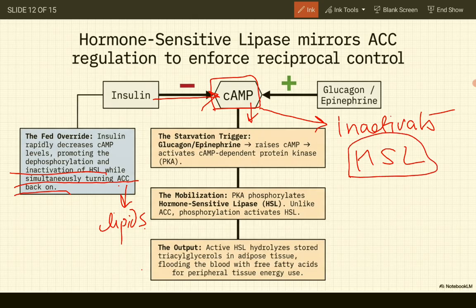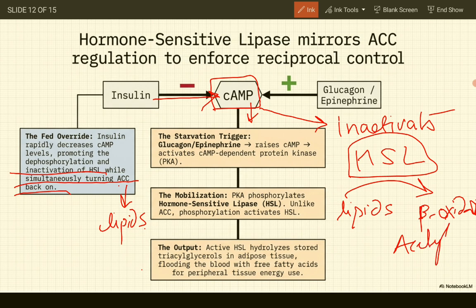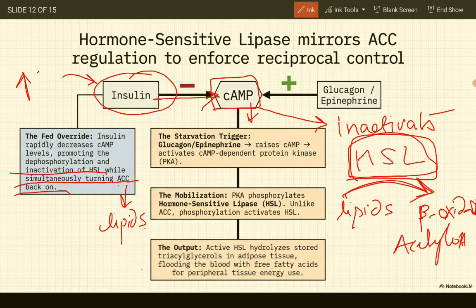What hormone sensitive lipase does is that it breaks down lipids, leading to beta oxidation, which produces acetyl CoA. And when insulin is already being produced, when there is already a lot of glucose in the body, that's why insulin is being produced.